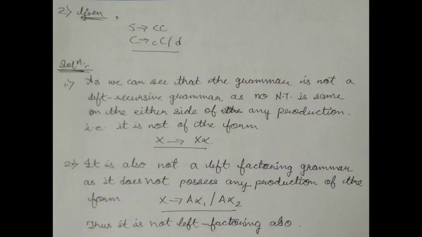Moving on, we need to also check that our grammar is not left factoring. If we have a production like X gives a alpha 1 or a alpha 2, then our grammar is left factoring. Here also we don't have any such production, so our grammar is non left factoring.